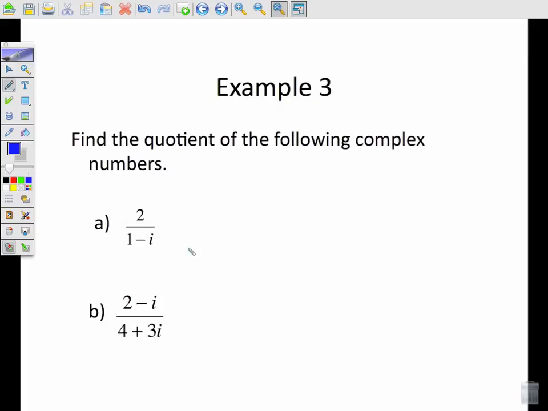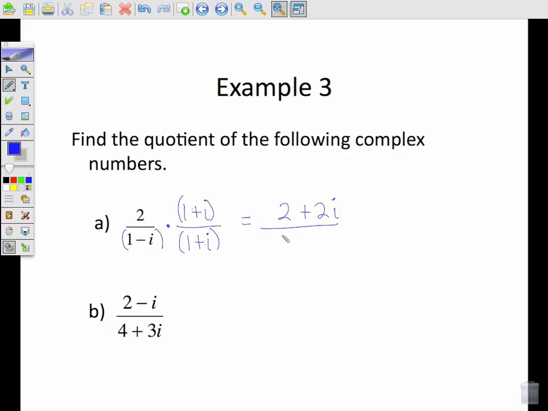We use that to simplify expressions when we have i's in the denominator. You're familiar with this from rationalizing. To simplify this, I need to multiply the top by its conjugate, and we are going to distribute, and the bottom by the conjugate.